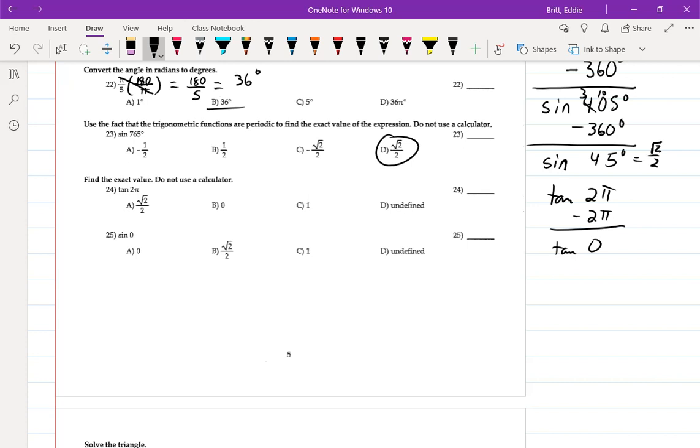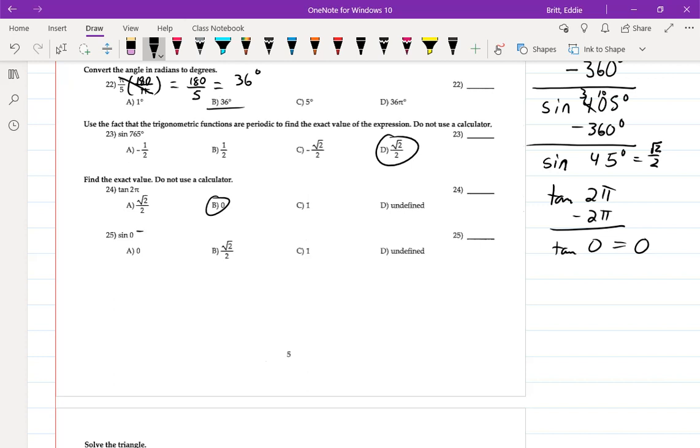And we all know the tangent of 0 equals 0 because that was the place where it crossed the x-axis, remember? Tangent of 0 equals 0. If you need to write down the unit circle to see that, remember it's going to be y over x, so that'll be 0 over 1, which is 0.